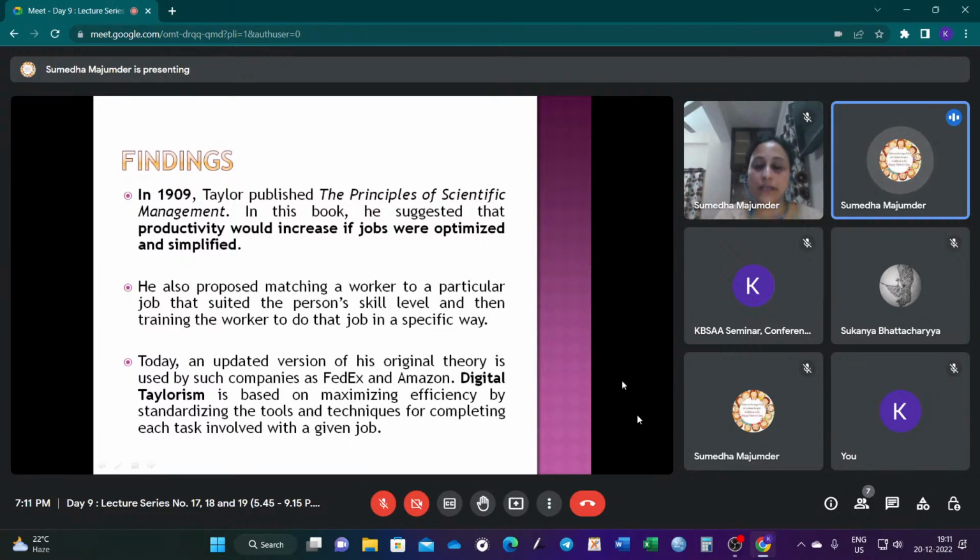How is it possible? When productivity is enhanced, and productivity is enhanced if there is a proper structure of job allocation and a proper hiring mechanism, with the right people at the right place.